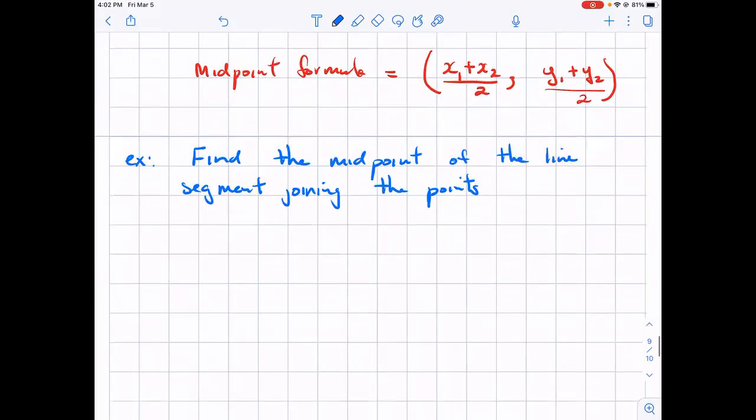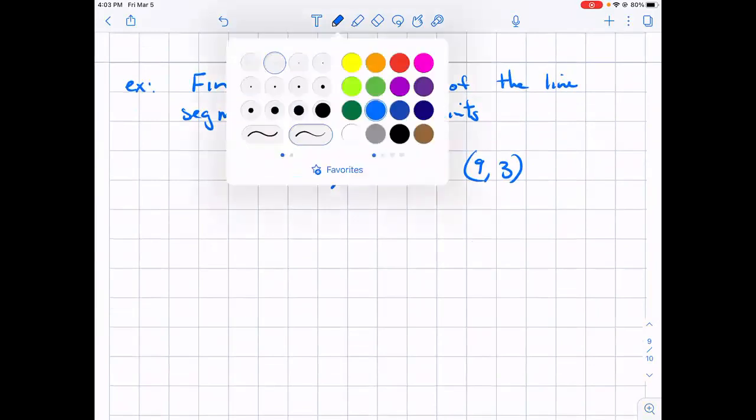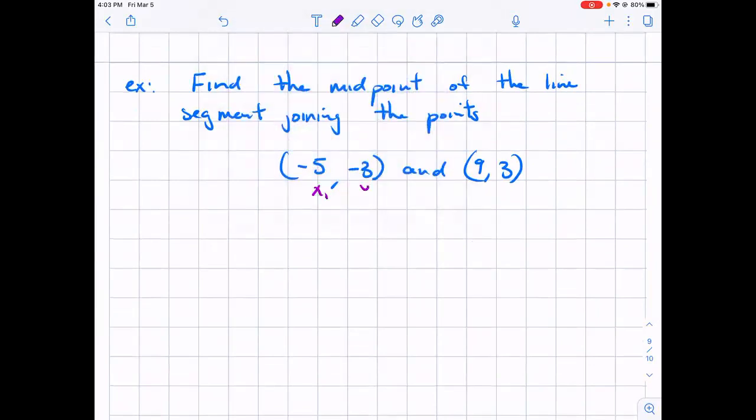And let's say the point that I have is -5, -3, and let's say 9, 3. So what we're going to do, we're going to call this x1, y1, and x2, y2.